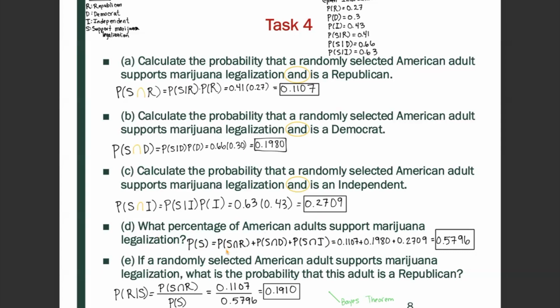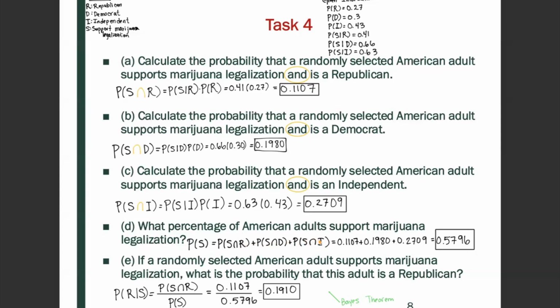What percentage of American adults support marijuana legalization? So that's the probability of S. So that equals the probability that they support marijuana legalization and they're Republican, plus the probability that they support marijuana legalization and they're Democrat, plus the probability they support marijuana legalization and they're an independent. So in this problem, we only have three possibilities for the political parties: Republican, Democrat, and Independent.